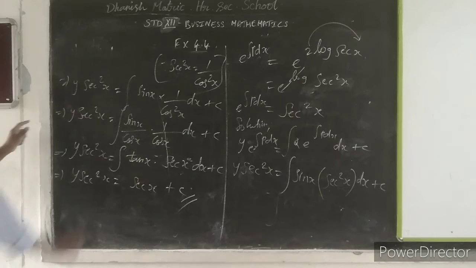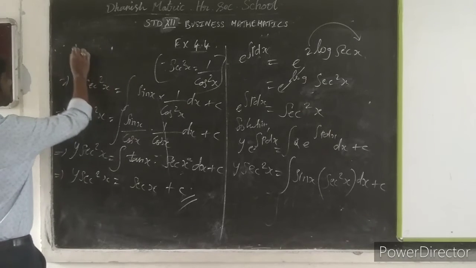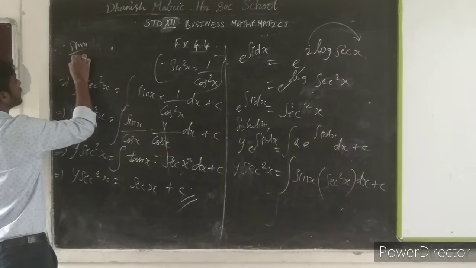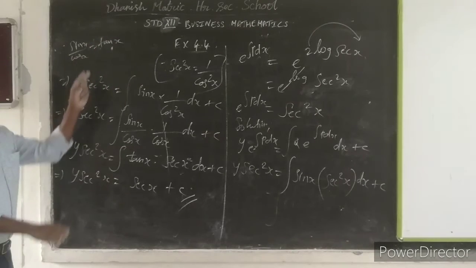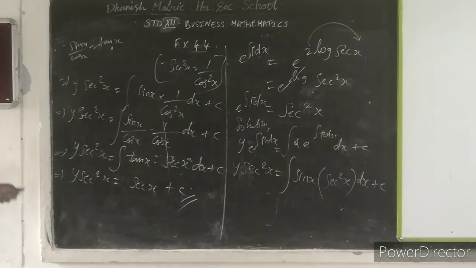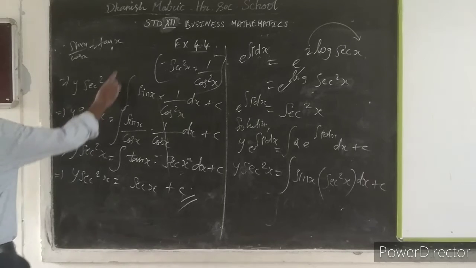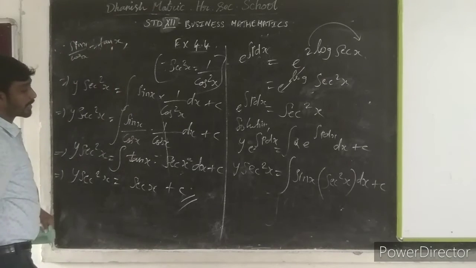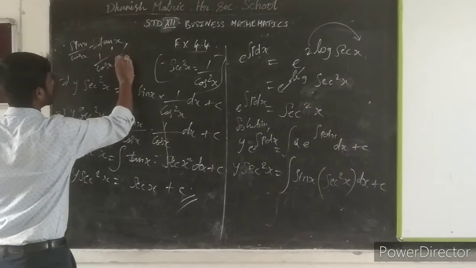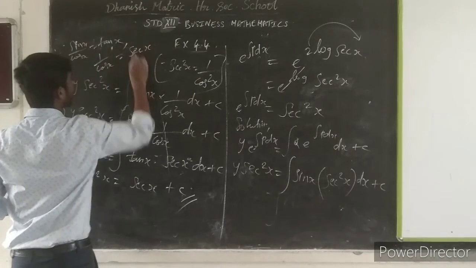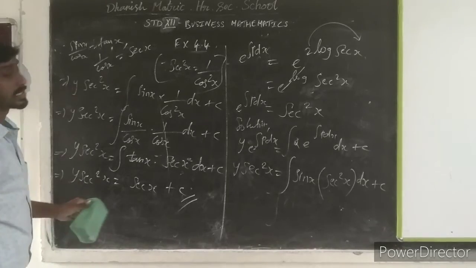Here we are using the assumption values. Note down this: sin x divided by cos x equals tan x, and 1 by cos x equals secant x.